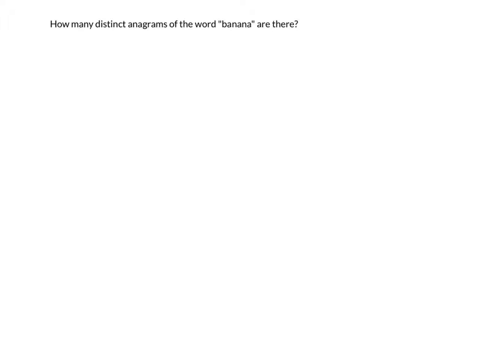This first one is, how many distinct anagrams of the word banana are there? So first of all, a couple things to recognize. I'm asking you for distinct anagrams, and a distinct anagram means that you could tell one rearrangement of banana from another. So that's what an anagram is, of course.